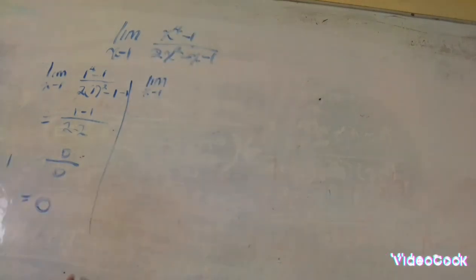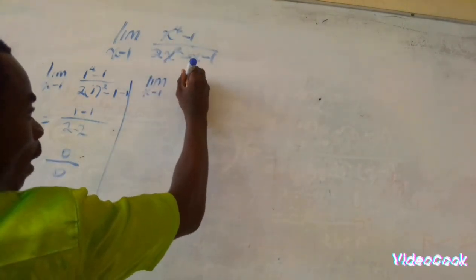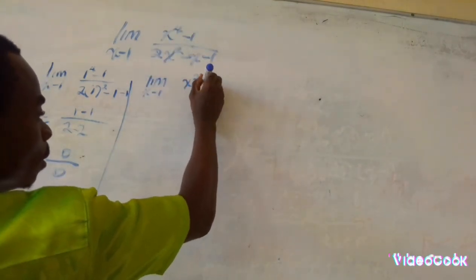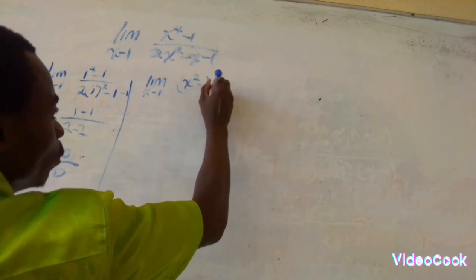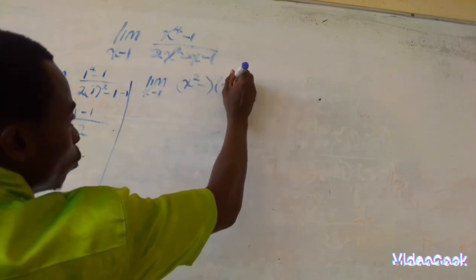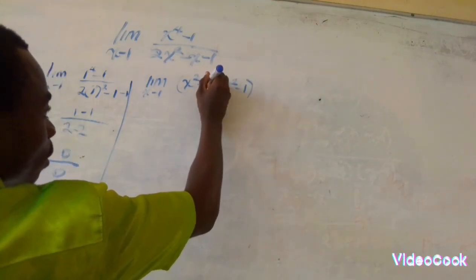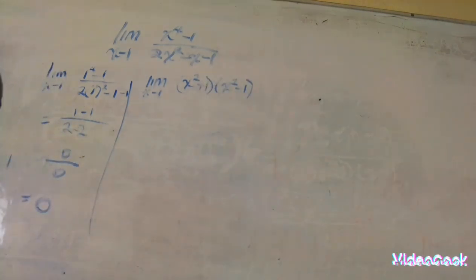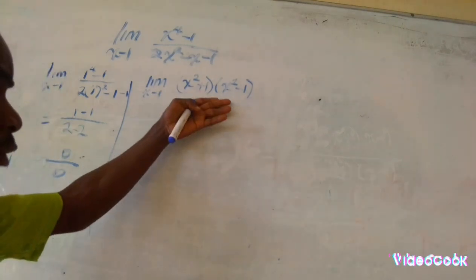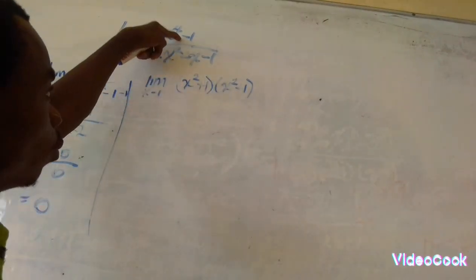To factor this, we say x squared minus 1, times x squared plus 1. We have factored out this first term up here.